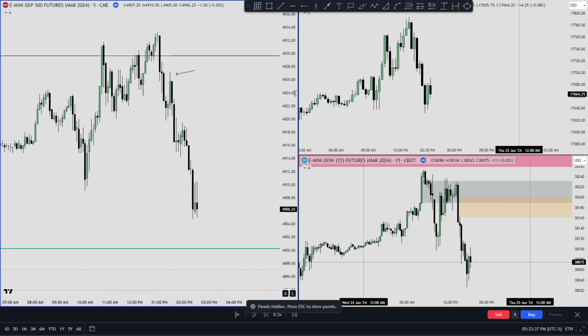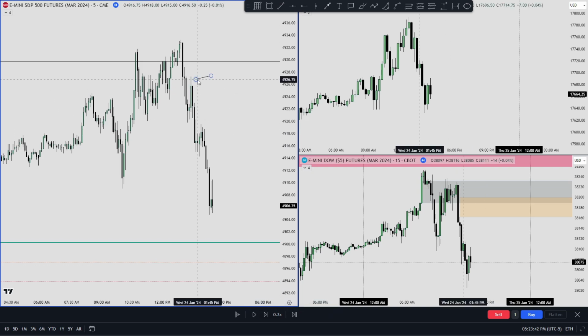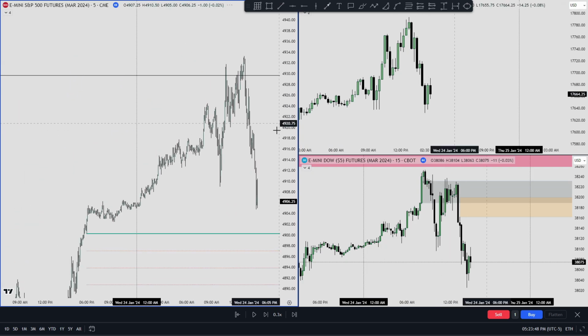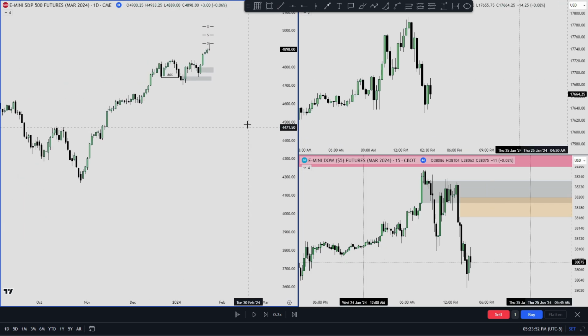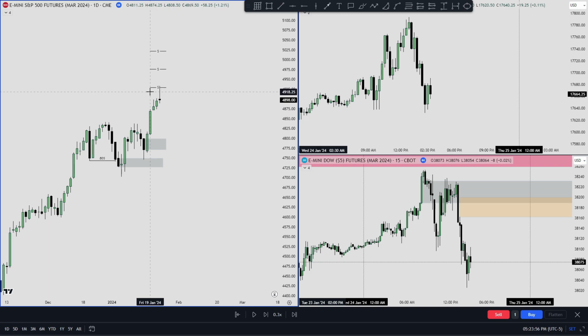First example here is S&P 500. So we can see, let's go on to daily here. We have this area of targeting that we were targeting for the week, which was this first standard deviation.